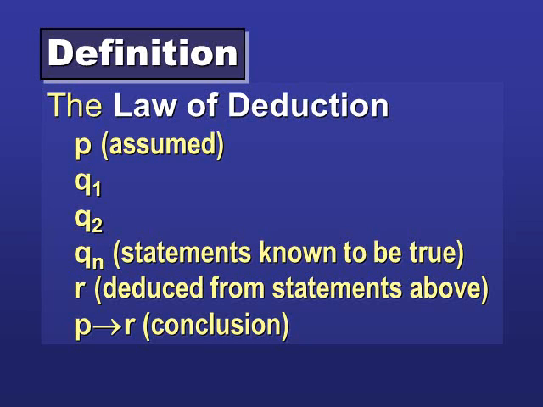Then you have statements that we know to be true, as many as we need: statement 1, statement 2, statement N, so that you can come to a conclusion, which is your R, deduced from all the statements you've made. No matter whether you needed 1, 2, 3, or 100, you have a conclusion, and then you can say if P, then R, and that's your conclusion.